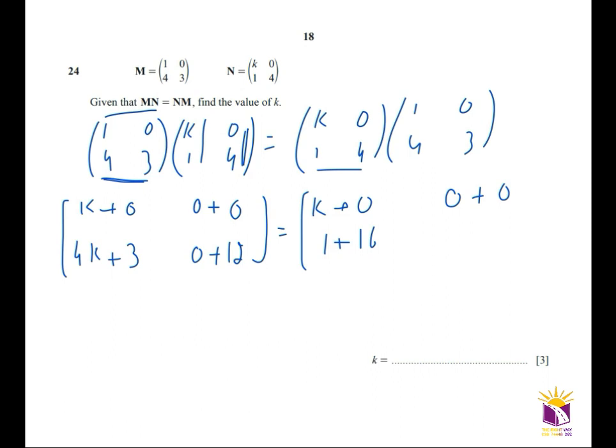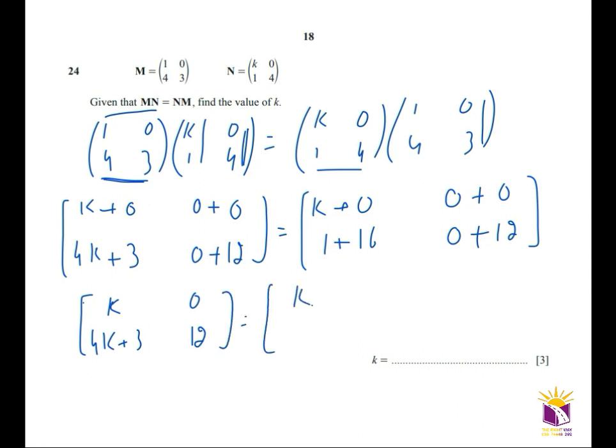Now second row and second column: 1 times 0 is 0, 4 times 3 is 12. It will be equal to k, 0, 4k plus 3 and 12, equal to k, 0, 17 and 12.